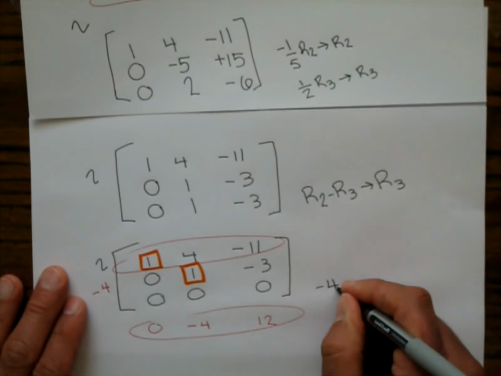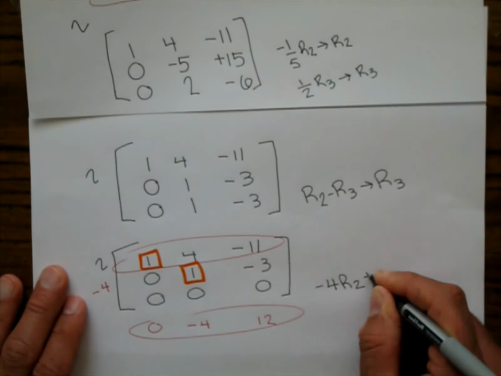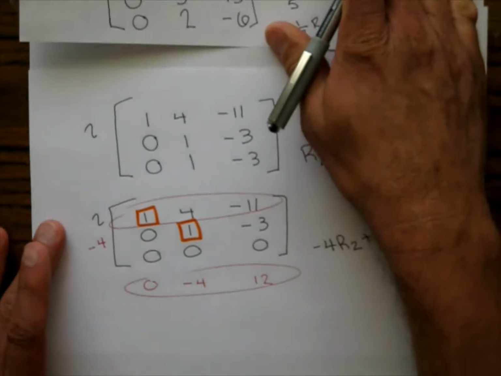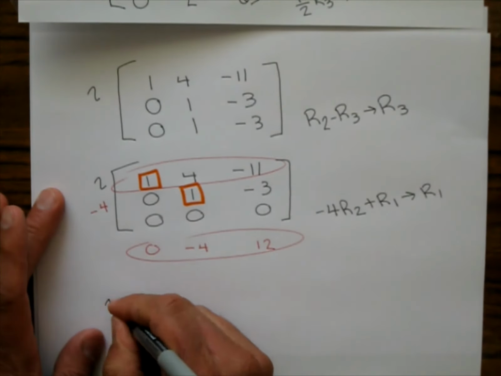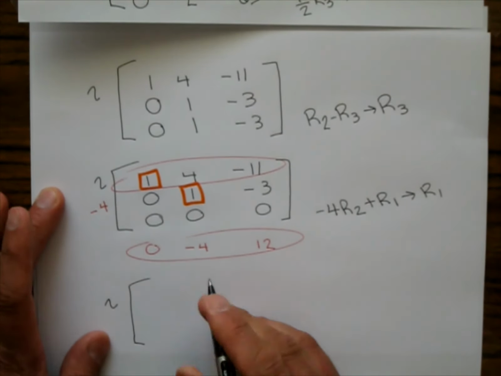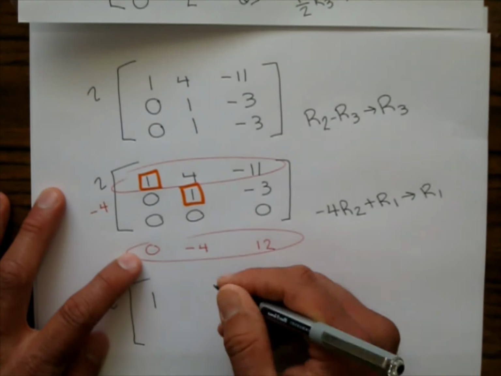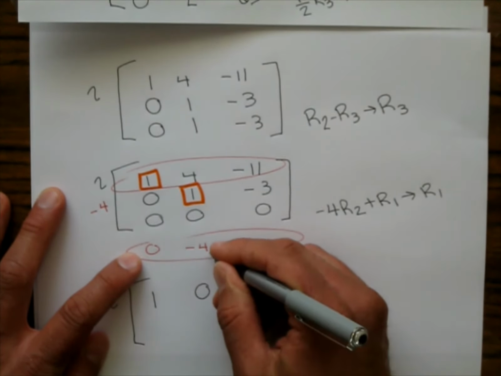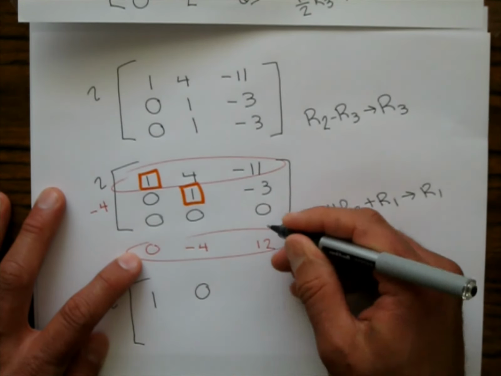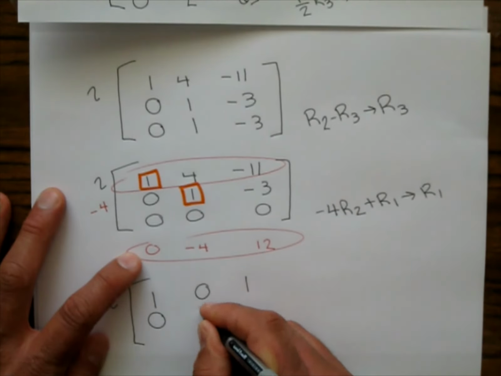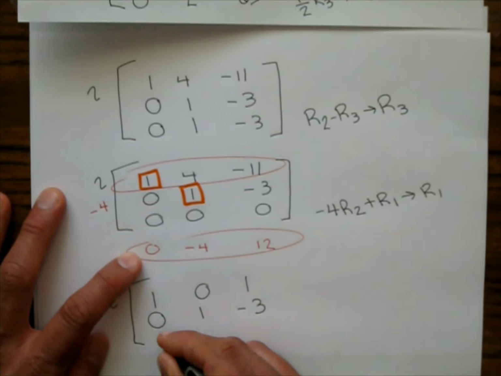So negative 4 row 2 plus row 1 gives me the new row 1. Let's see how that works. 0 plus 1 is 1. There's a 0 there because I have a negative 4 plus 4, and then 12 minus 11 is 1. Row 2 remains unchanged, and row 3 is still zeros.